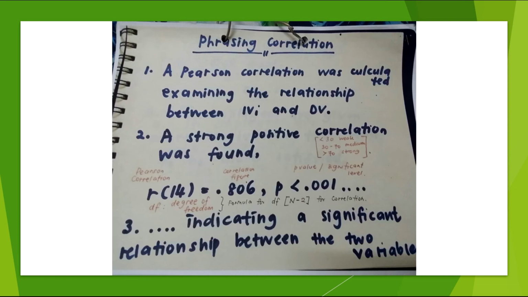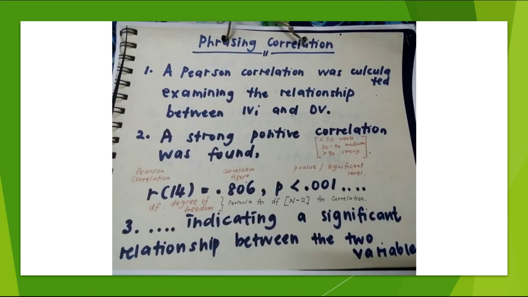If the degree of freedom is 14, it means the number of respondents in this research is 16, because 16 minus 2 equals 14. That's how you get the 14 figure here, by deducting 2 from your n. If you have n as 100, you just minus 2. If you have n as 15, you just minus 2.